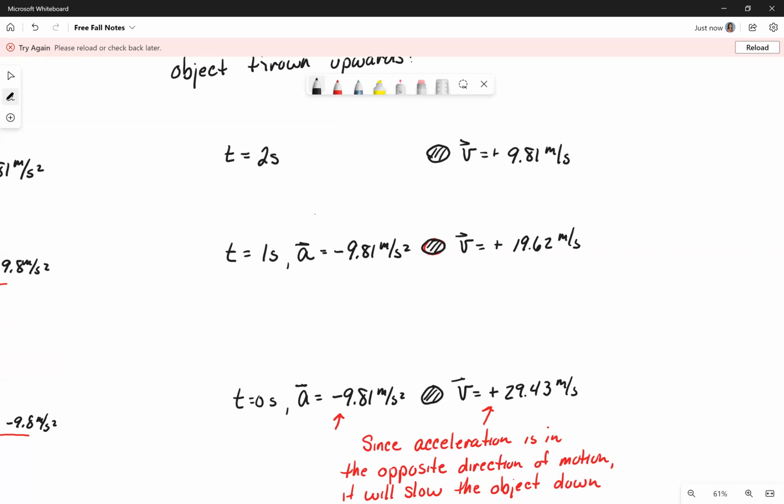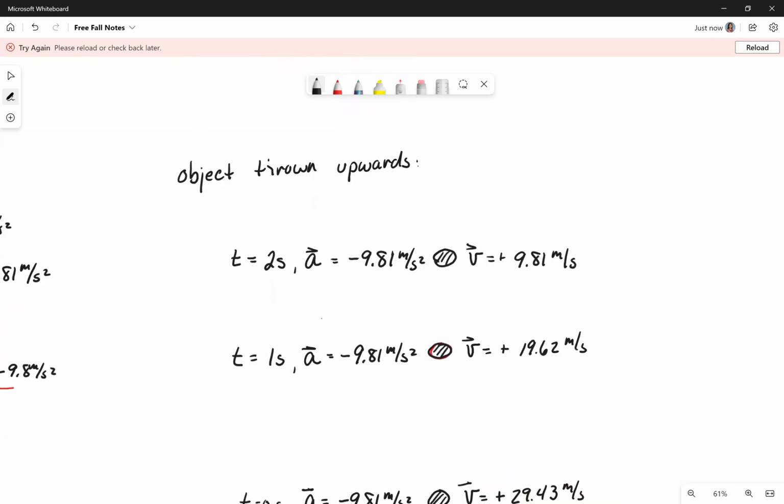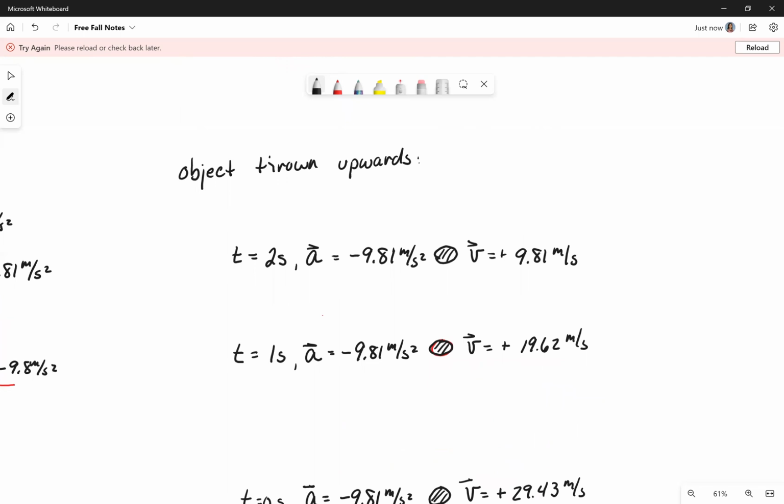It doesn't travel as far. So 2 seconds later, the acceleration is still negative 9.81 meters per second squared. Again, my change in velocity throughout this is always negative 9.8 meters per second for every second that I'm moving. So now I must go up and reach a point where I stop.